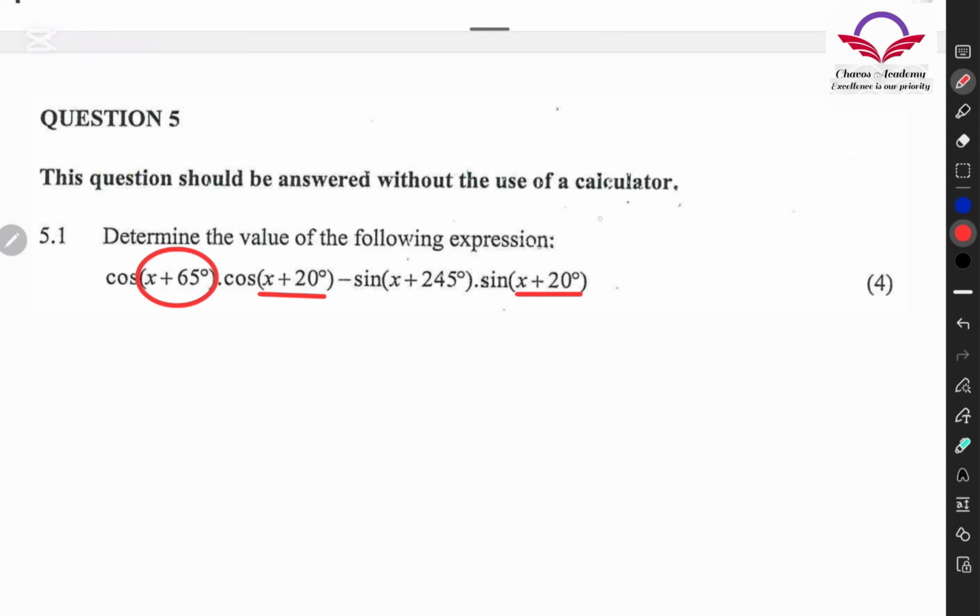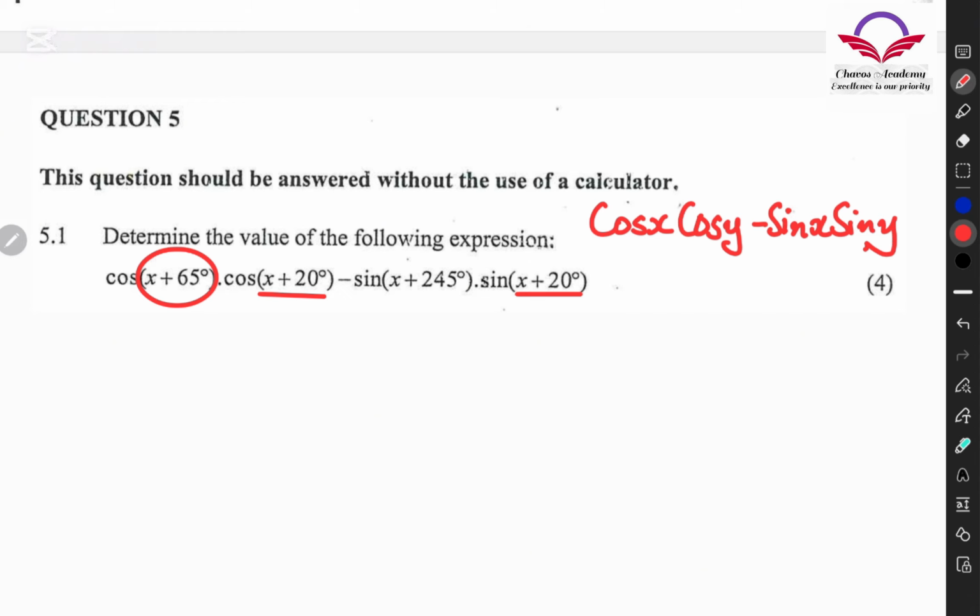We need to have something like this first. You need to remember we need to have something like this: sine x cos y minus sine x sine y. We need to have this situation, and we don't have it yet.